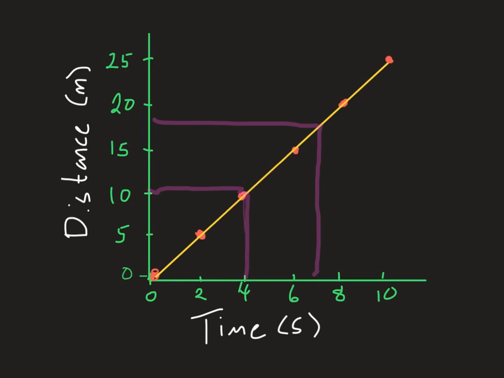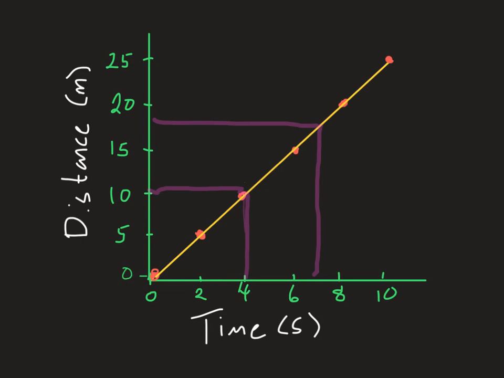So the next type of question I can ask about this is a lot trickier. The next question I can ask is, what is the speed of the object during this trip? Okay, and this one's not so obvious because I don't have speed on either axis, but I can figure it out by looking at my line and determining what we call the slope.